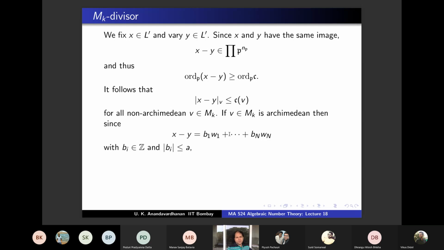So mod A comes out, and what you have is mod W1 plus mod W2 plus etc. But each of these is less than or equal to the supremum of mod Wi. So if you replace mod Wi by the supremum of mod Wi, then it will be n times the supremum of mod Wi, which is less than or equal to C naught.